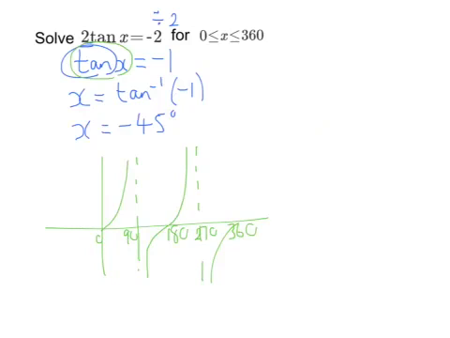Now, what I'm doing is tan x equals minus 1. So if I graph it now, the minus 1 is down here. Okay, so minus 45. It crosses there. That doesn't look like minus 45. And it crosses there. That doesn't look like minus 45.